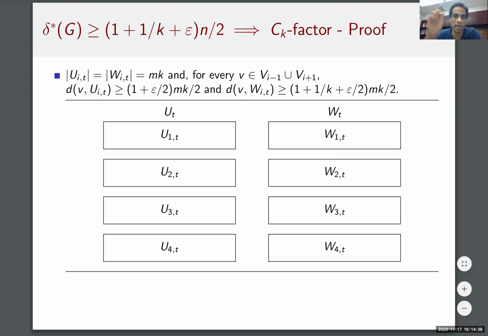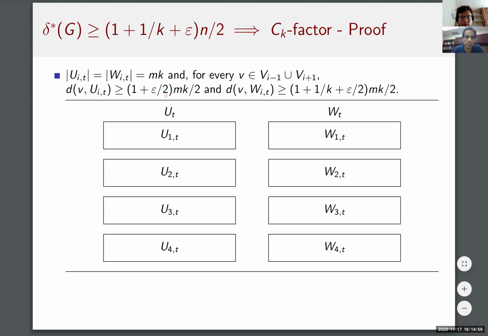Those are the only vertices that are going to have any neighbors into the part Vi. For every single one of those relevant vertices, a little bit more than half of my neighborhood inside each one of these parts will be a little bit more than half, right?